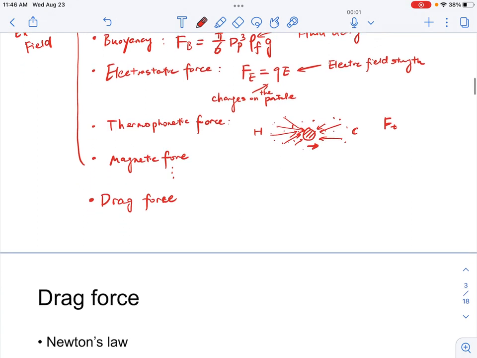So the drag force is actually very common in our daily life. You may think of, let's say, have any of you been skydiving? I haven't, but if you watch the movie or watch it on TV, when people jump off the plane they move downwards because of gravity, but there's also a strong wind blowing them up, right?